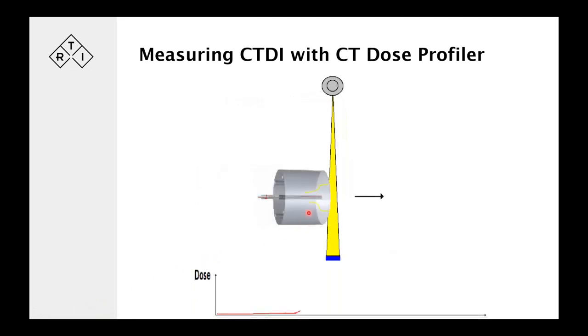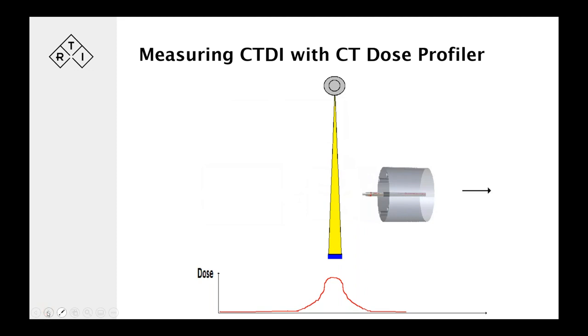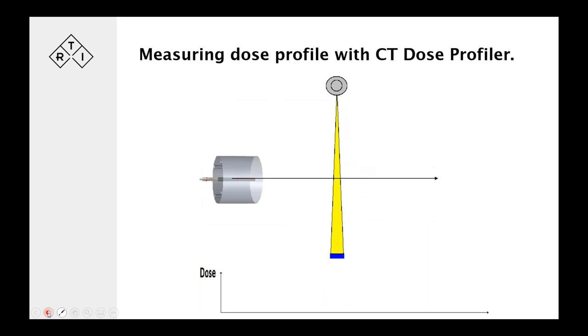As soon as the beam starts hitting even the edge of the beam, scatter is generated inside the phantom, and the CTDI profiler detects that. As it moves into the center of the beam, we reach the maximum, of course, of the dose at the center of the phantom. And as we push through and leave the phantom, it tapers off and goes back to zero as the phantom leaves the beam field.